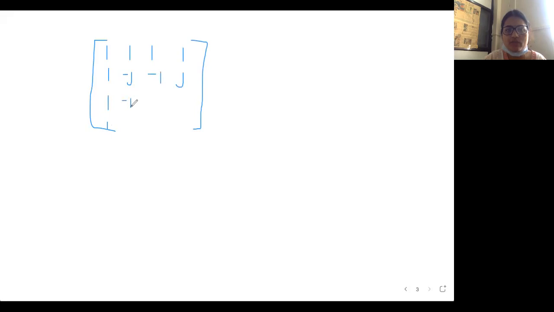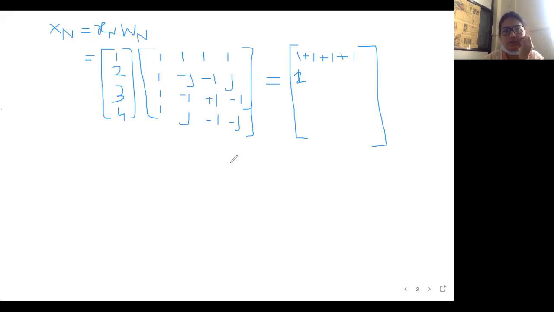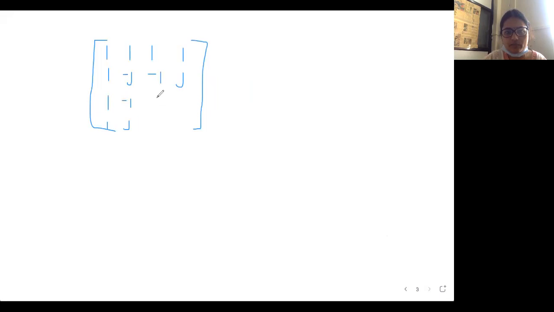This is minus 1, plus j. This is plus 1, minus 1. This is 1, minus 1. This is minus 1, minus j. And then there will be a one-dimensional matrix. So this is 1, 2, 3, 4.